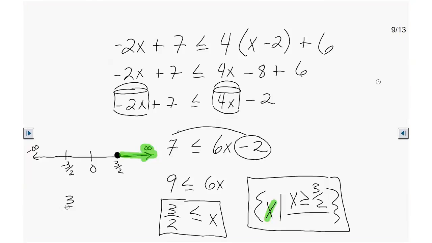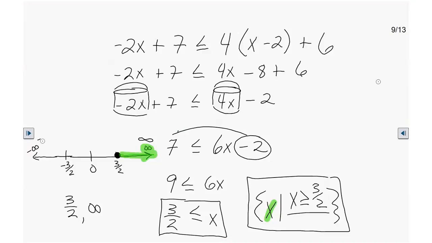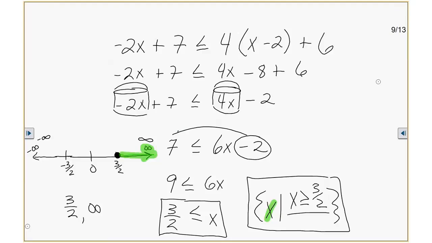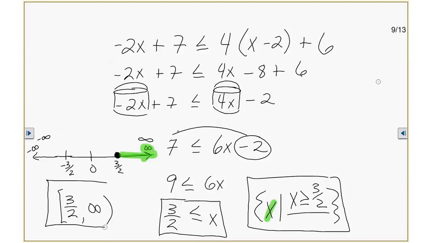Three halves, comma, infinity. It's called infinity, people. What goes on 3/2? Right. And that's how you do the inequalities.